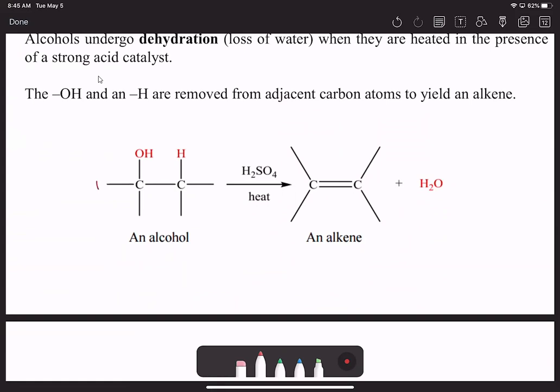So here, I'm going to insert hydrogens into here because they're not shown right now. So we are going to remove water, but we need to be careful as to how we remove the water. Is that we are going to remove a hydrogen, and we're going to remove the hydroxy group.